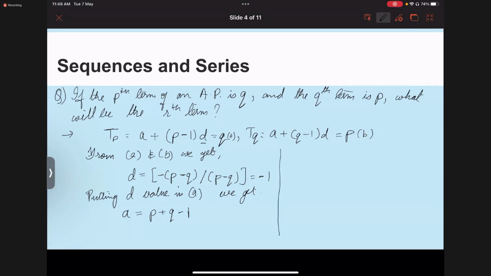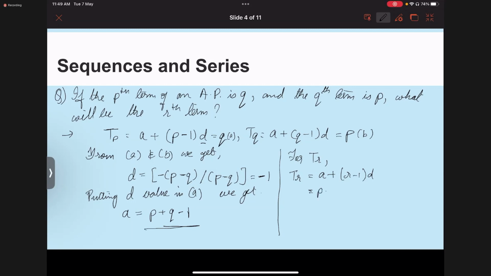Now for T_r, T_r is our rth term, so T_r can be written as a plus r minus 1 d. So we have our a, which we have got as p plus q minus 1, and d we have got as minus 1.